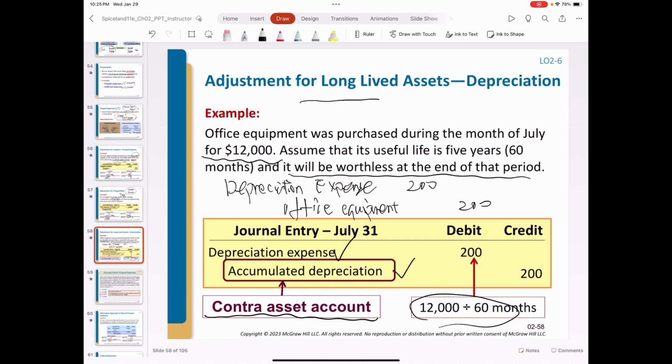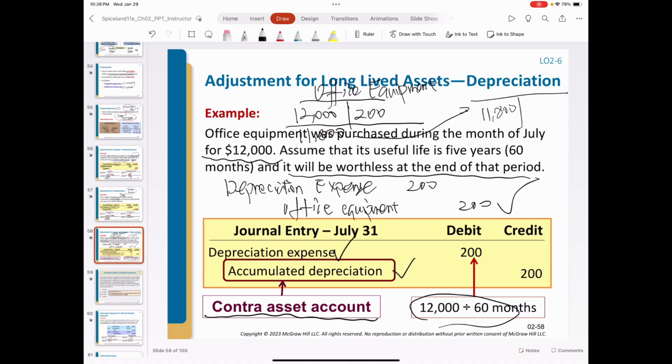For example, if I show you the T account of office equipment, when it was purchased, we debit $12,000, right? After this adjustment, if we follow this way, we credit $200, so the book value will be $11,800. In the next accounting cycle, we will start from $11,800. The disadvantage of this method is we do not have the original cost of this asset.